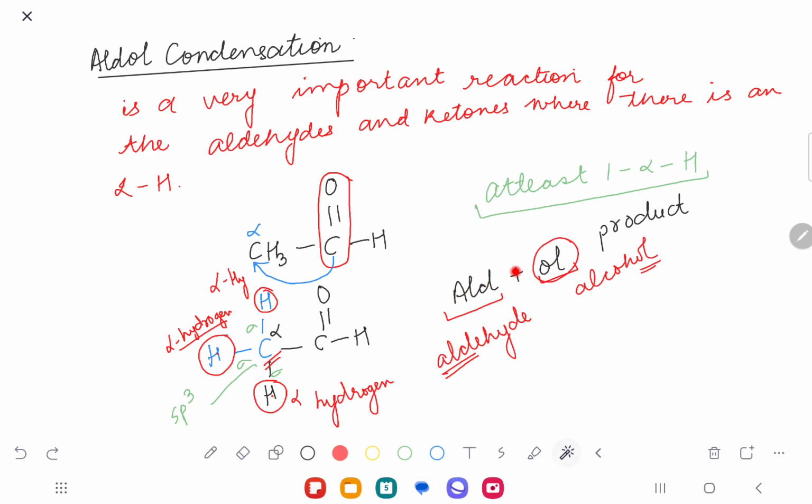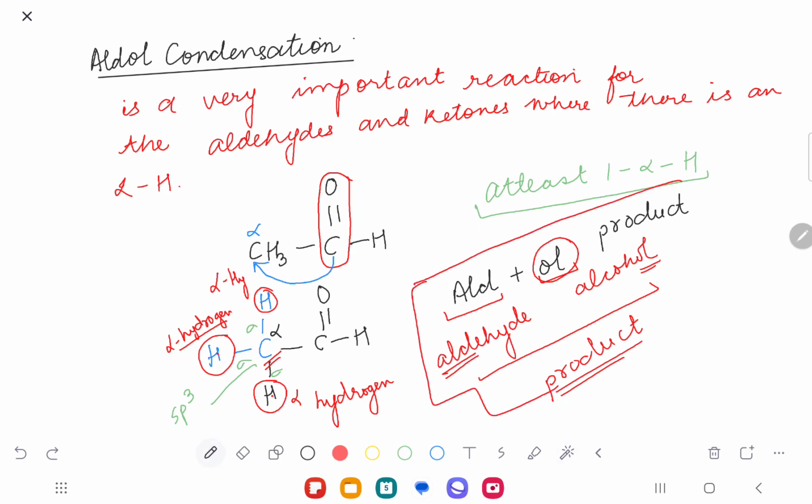This is how the word aldol has been formed, and we have given this name to the reaction based upon the kind of product being formed. The product shall have an aldehyde group as well as an alcoholic group.